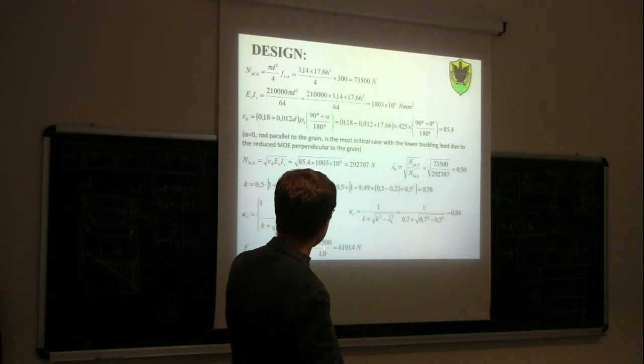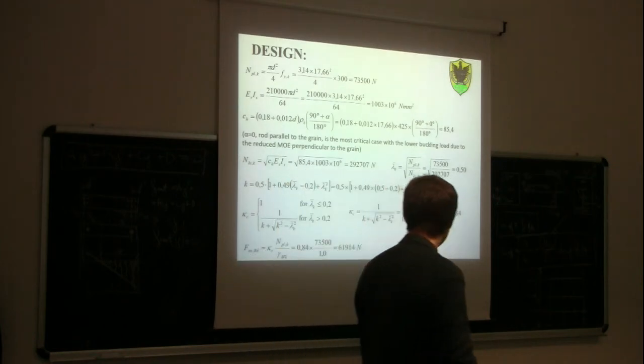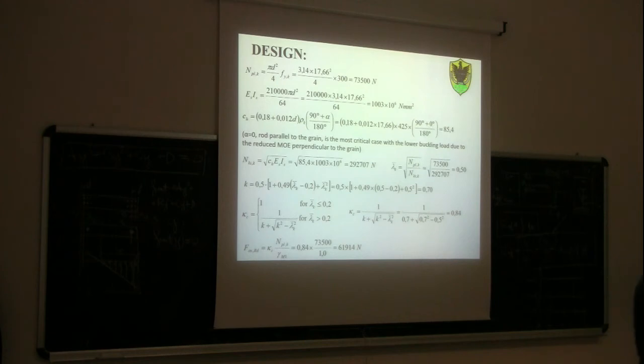So we have basically a 16% reduction of the load carrying capacity due to flexural buckling, which means that our limit value for one single rod will be basically 280.6.